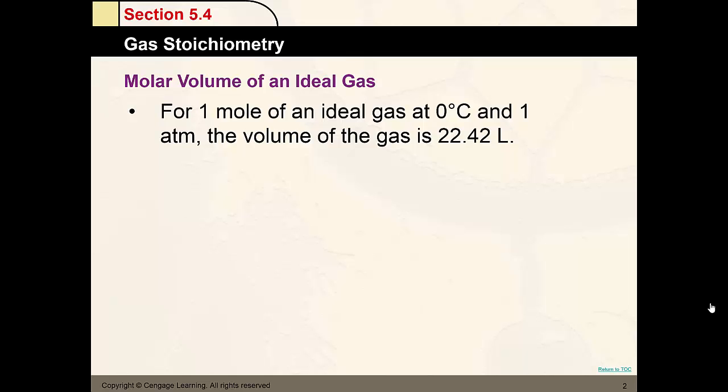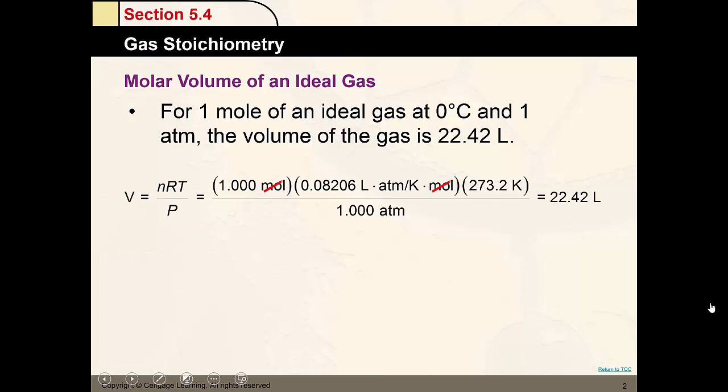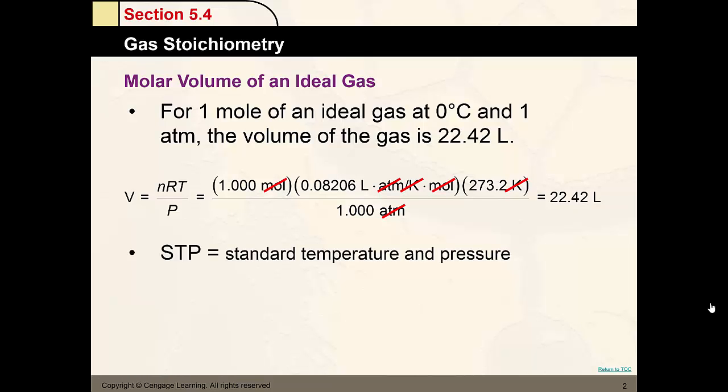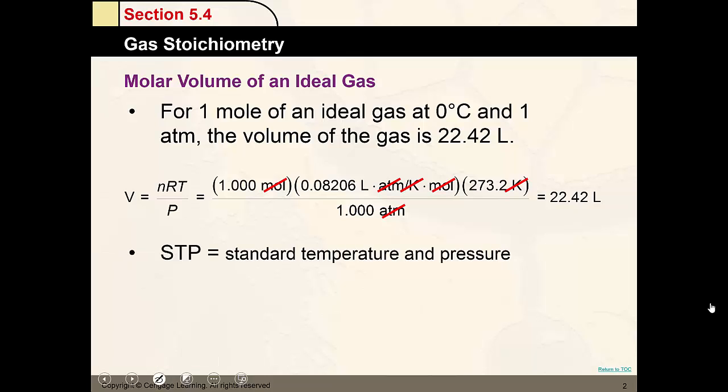And how we do that is if we are under standard conditions, this is called STP, which is standard temperature and pressure, which we'll always refer to as STP. And that standard temperature is 0 degrees Celsius, or 273 Kelvin, and 1 atmosphere, or 760 torr.